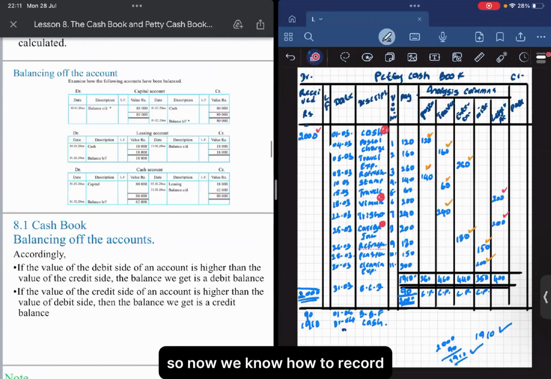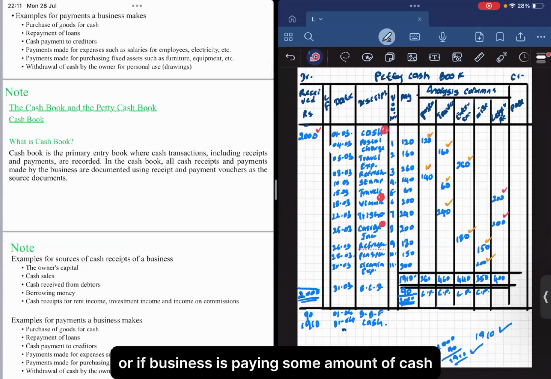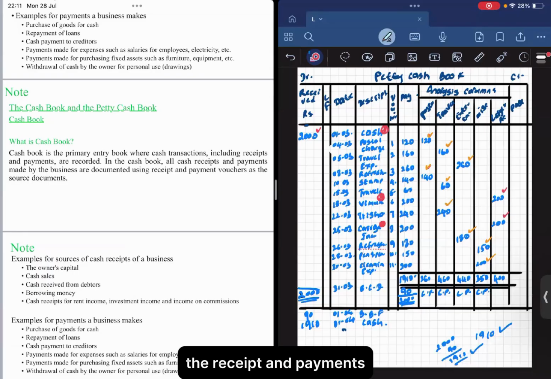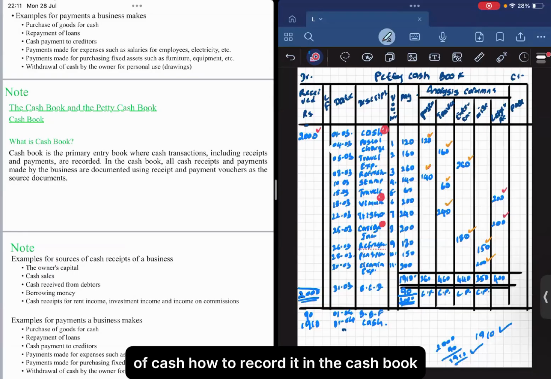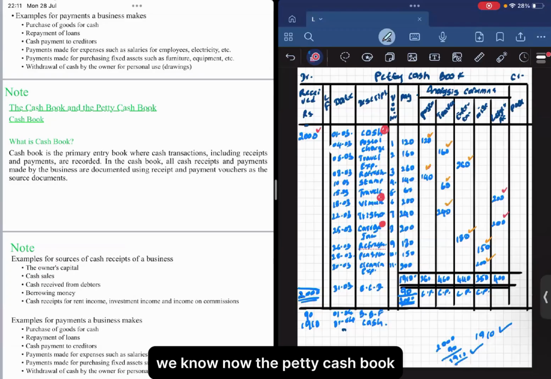So now we know how to record if the business receives or pays some amount of cash, the receipts and payments of cash, in the cash book. And now we know how to record it in the petty cash book.